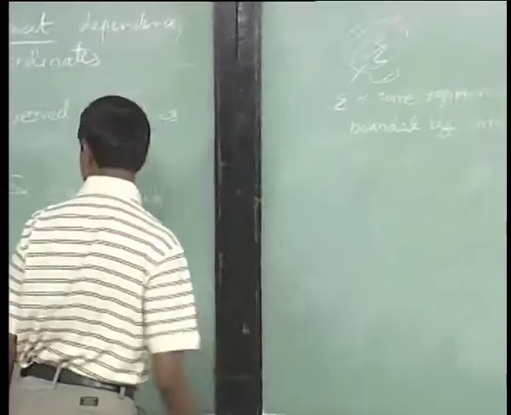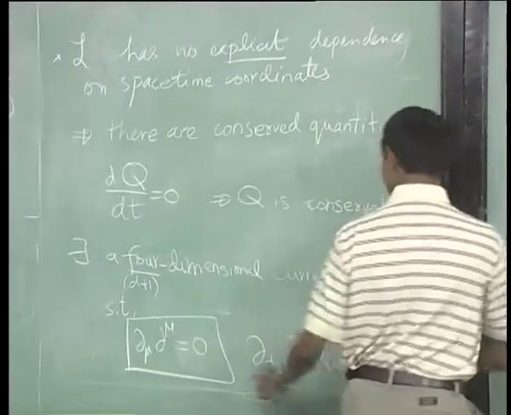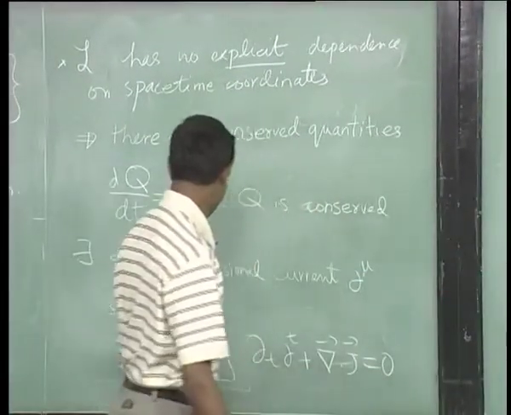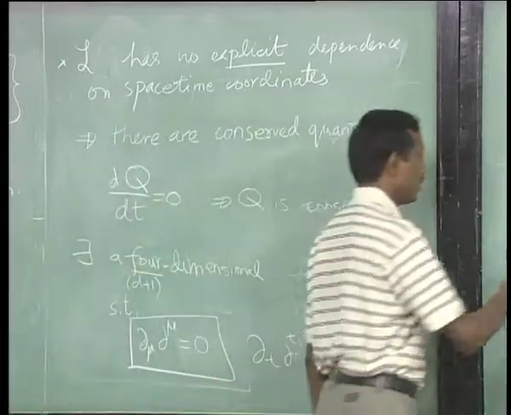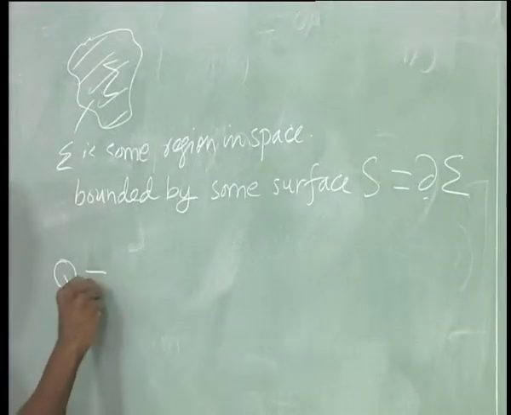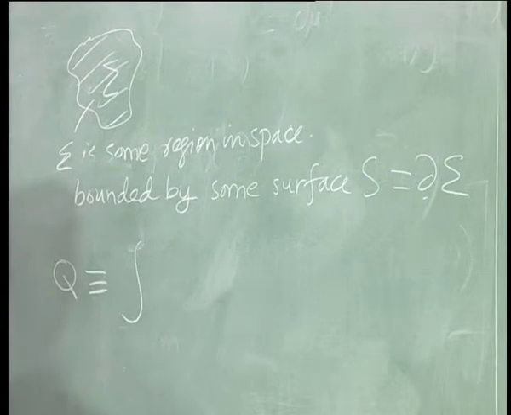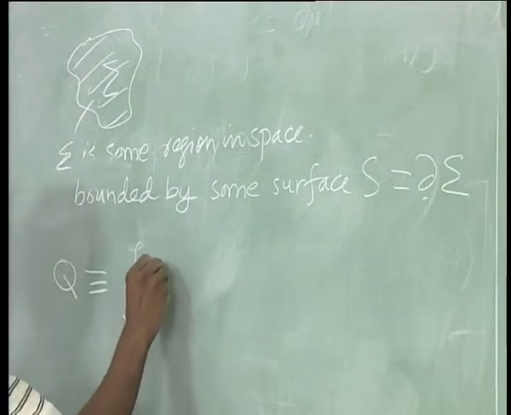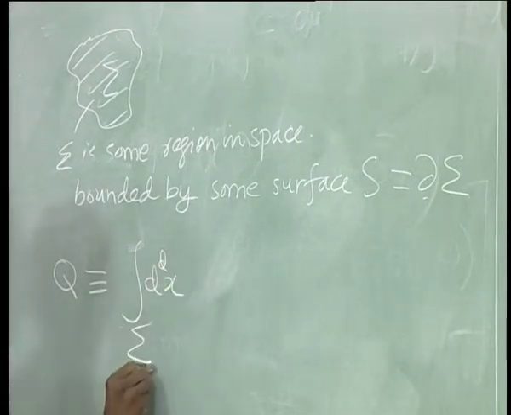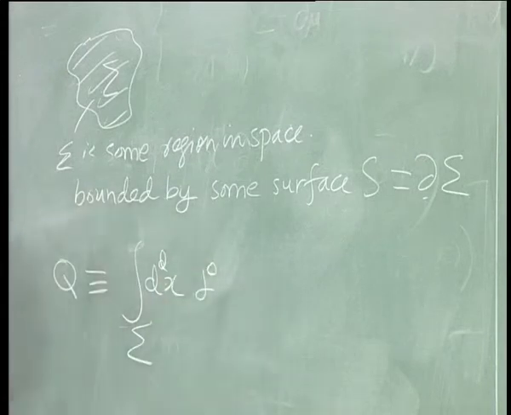Suppose you have given me a current like this, I can define Q to be the integral of J0, the charge which is inside that volume.